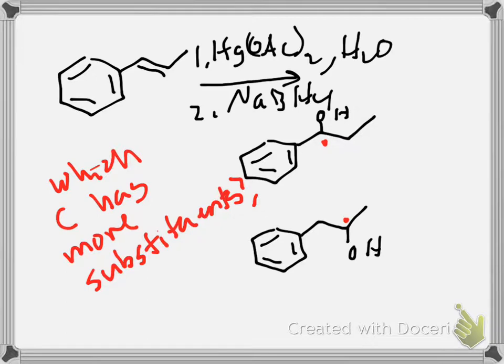So Markovnikov and anti-Markovnikov doesn't work here. The only time when Markovnikov and anti-Markovnikov are useful terms is when hyperconjugation is the only argument.